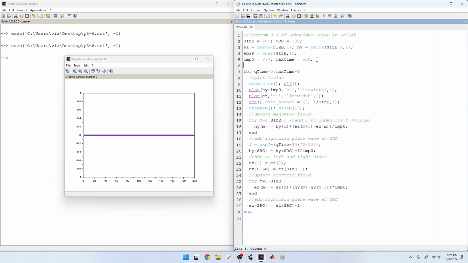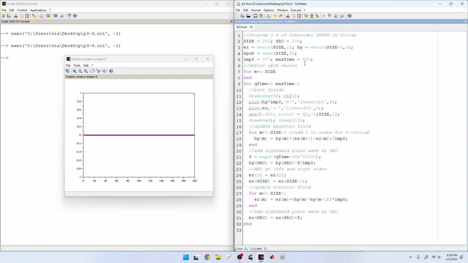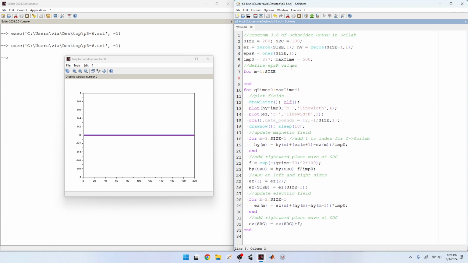And now we're just going to find the eps relative value, so we'll do for m equals 1 to size. They're already defined to be 1 by default, so we just have to define the regions where we want it to be different than 1.